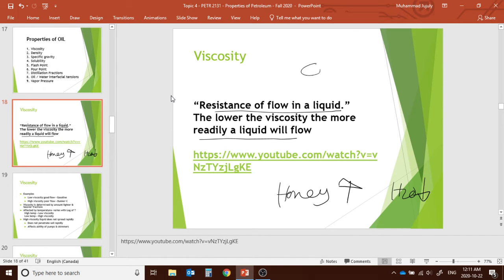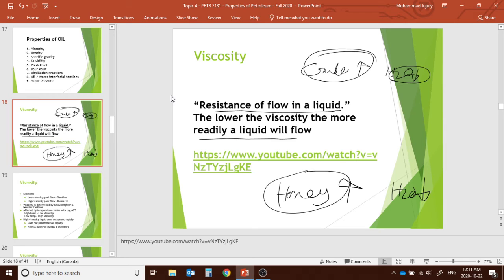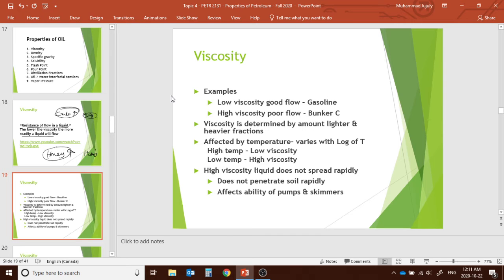For instance, crude oil is more viscous than water, although the density of the crude oil is lower than the water, and the density of honey is higher than the water. So density sometimes doesn't have a direct relationship with viscosity. Remember that. Lower viscosity means good flow, like gasoline. Higher viscosity means poor flow, like bunker.